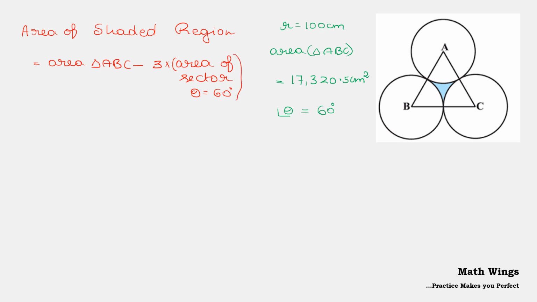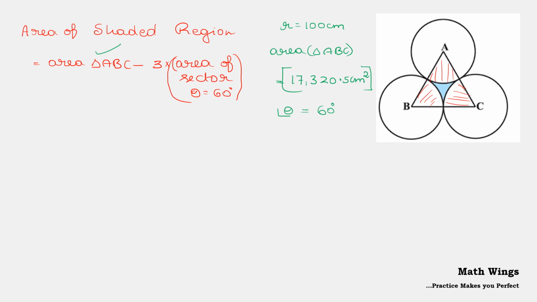Hope you all got what I have written here. So I have to take out the area of these 3 sectors, and the areas of these 3 sectors are equal to each other. Since we already know the area of the triangle, we can just find the area of the sector.